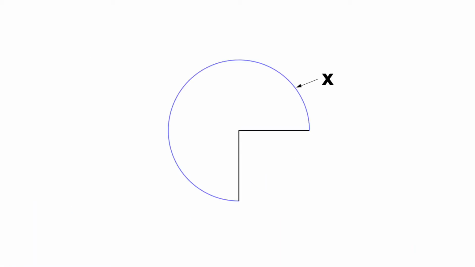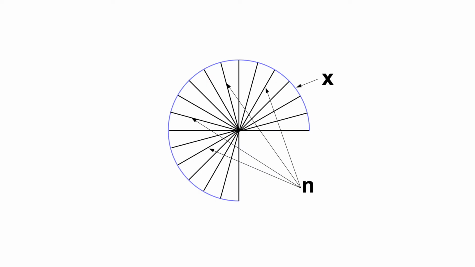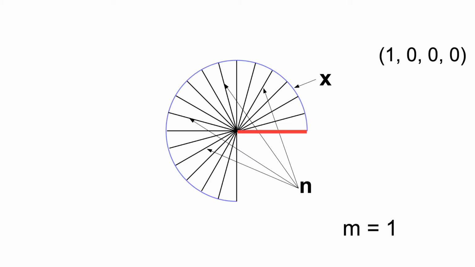Let's assume that we want to rotate our direction of movement x radians counterclockwise within n steps, where n tends to infinity. For that we need to rotate our direction of movement x divided by n radians counterclockwise on each step. And we need to repeat that n times. Let's assume that our initial state is (1, 0, 0, 0).